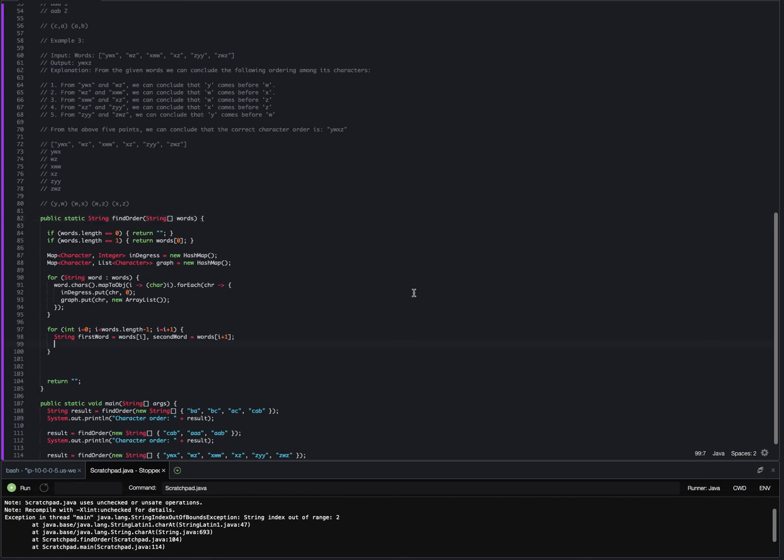We have to keep comparing, and at any point we find different characters, we add that as an edge, basically. Right.